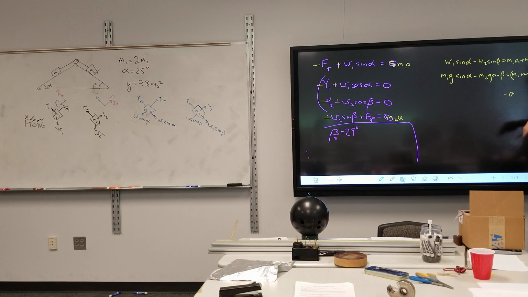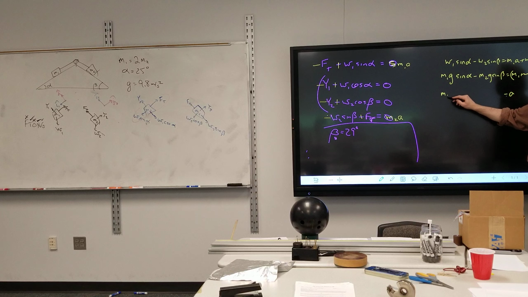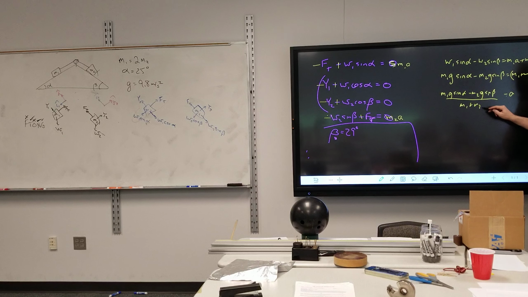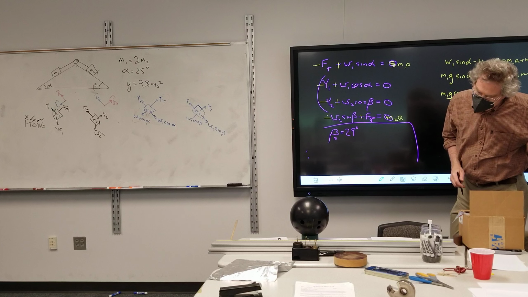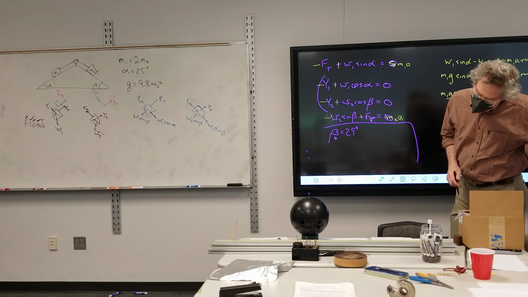So my acceleration will be this whole thing, M1 g sine alpha minus M2 g sine beta, divided by total mass. And now it's a plug and chug. This is for B.